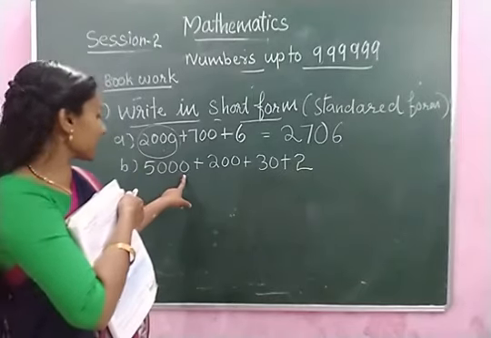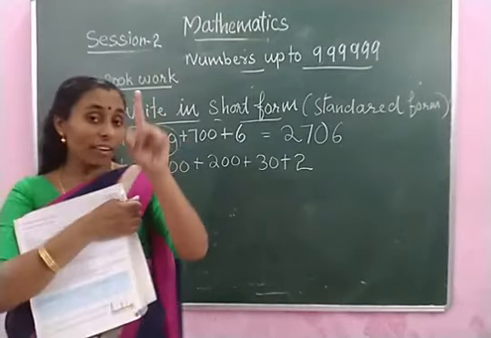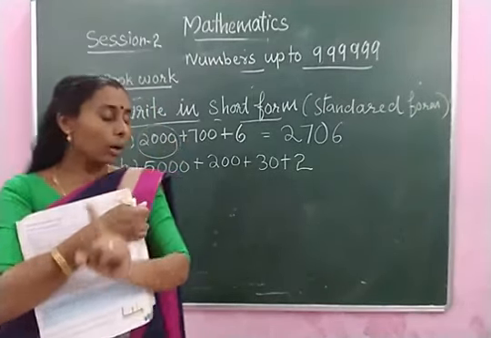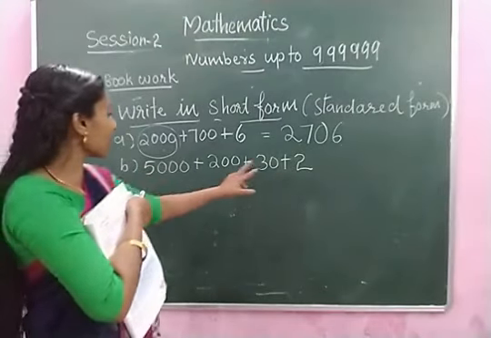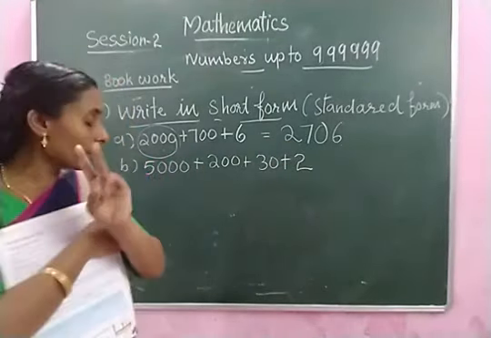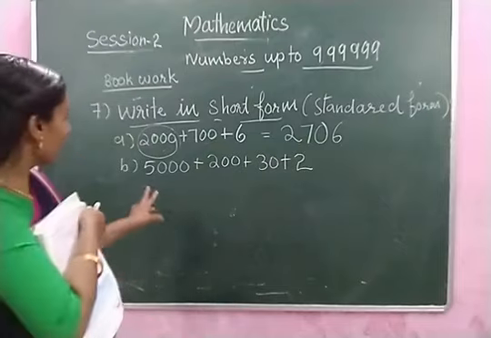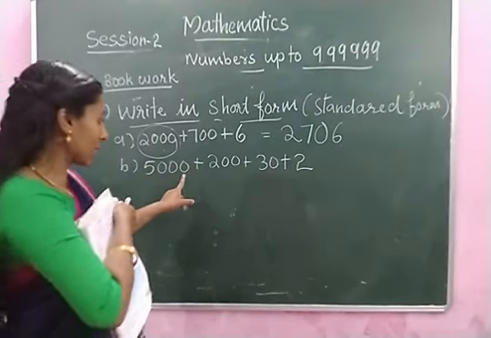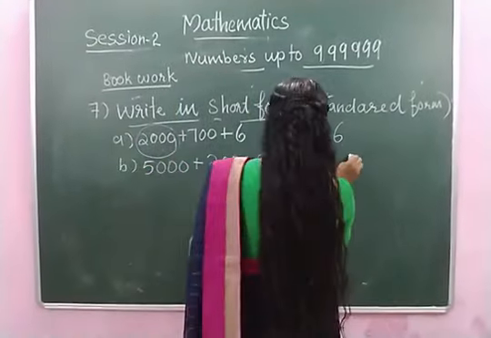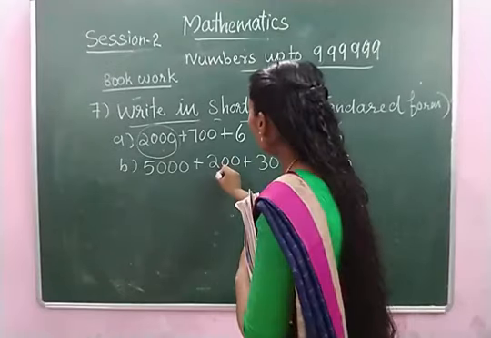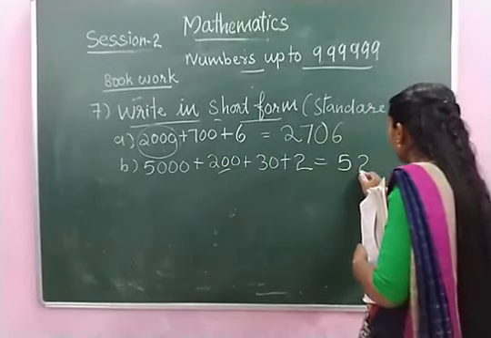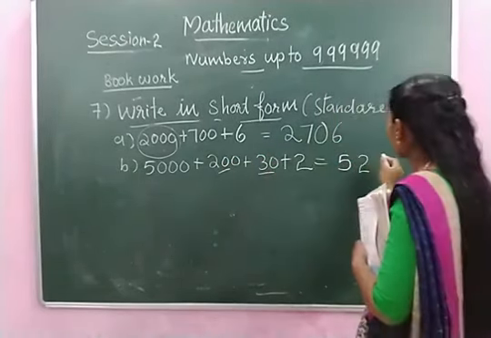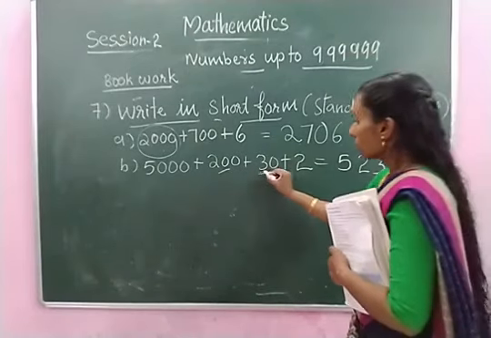Here 4 digits are there. So in the standard form also there must be 4 places. How many places must be there when we write in the standard form? 4 digits. Here 5000 is there, that we write 5, then 2 in hundreds place, then 3 in tens place.